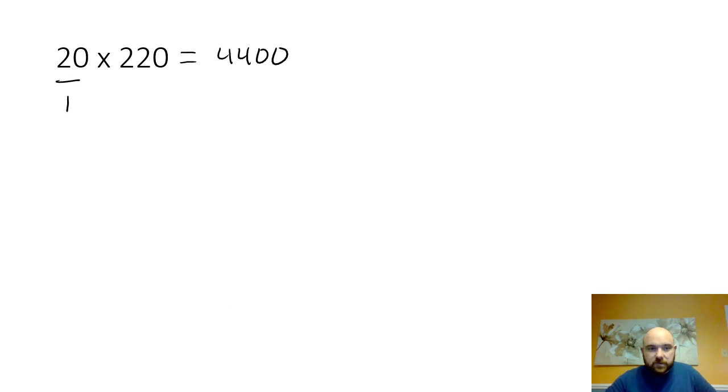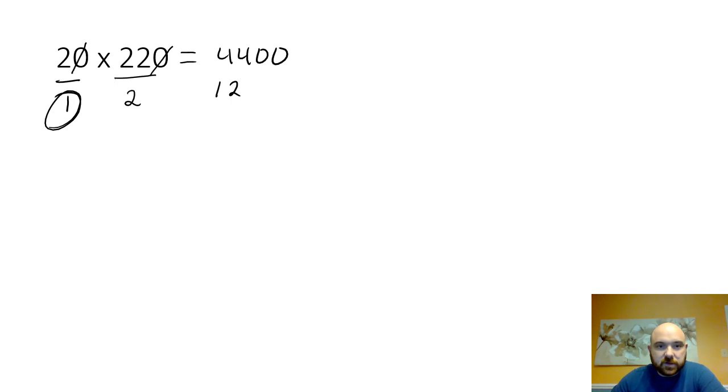That 0 is not significant because it comes after the last non-zero digit and there is no decimal. The same thing goes for this 0. It comes after the last non-zero digit and there is no decimal, so there's only 2 here. But regardless, we still have to round down to just one significant digit. 4,400 has 2 significant digits, 1, 2.